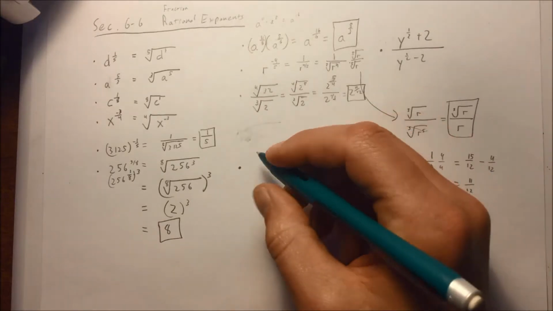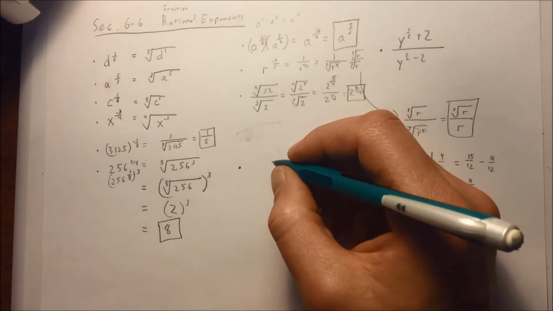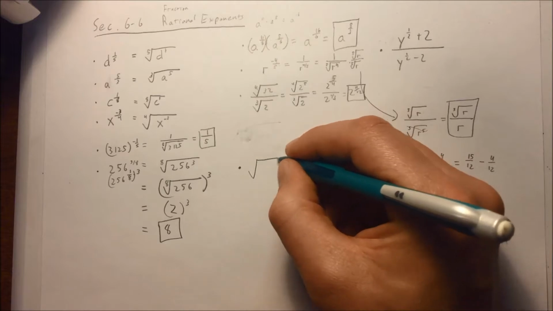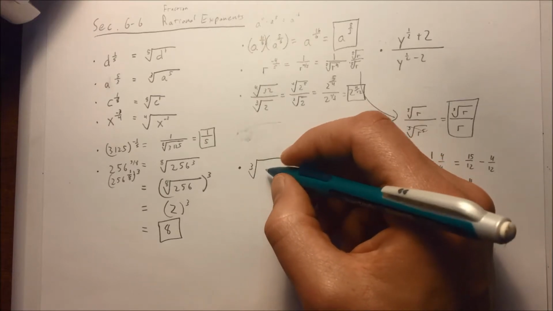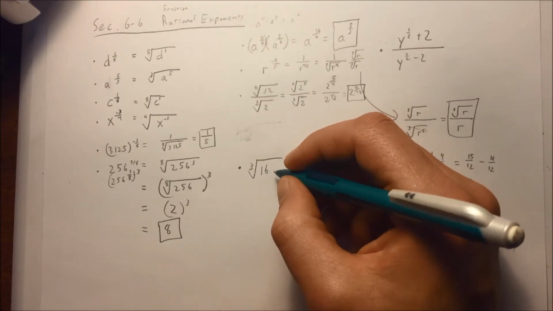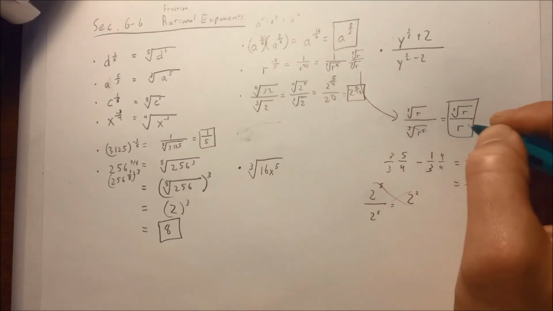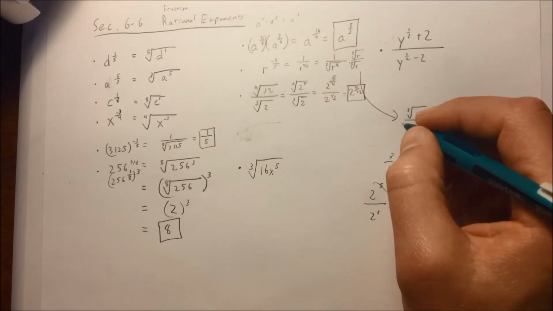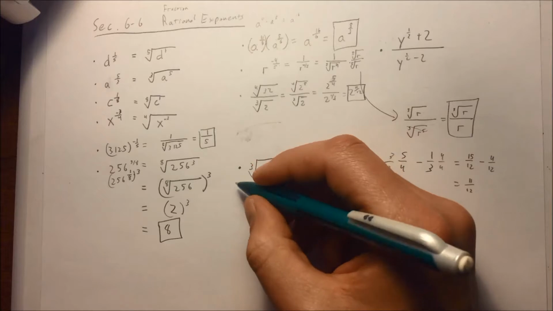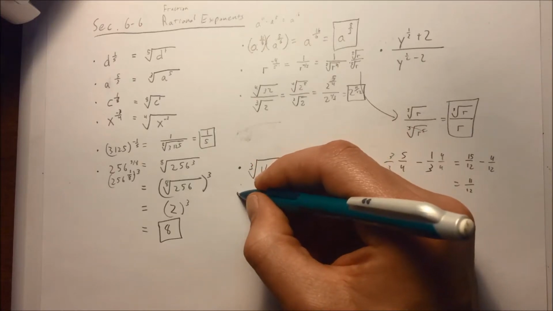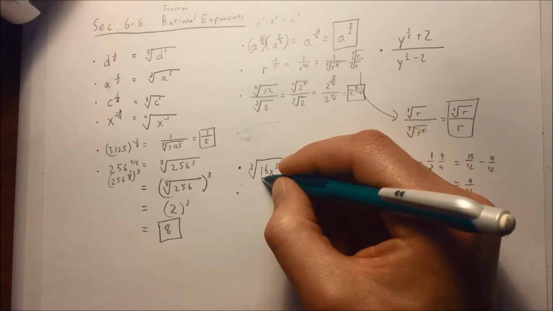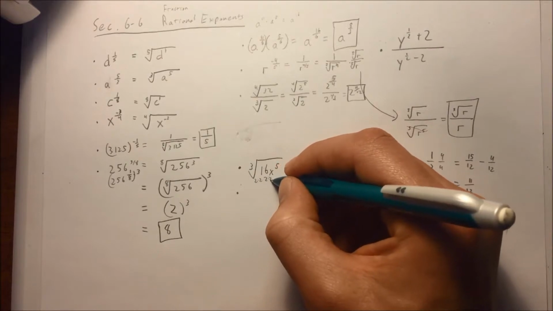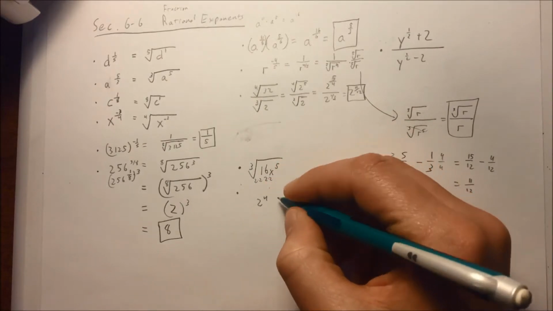Next one right here. What if we had the cubic root of 16 x to the 5th? Well, let's change this, shall we? 16 is 2 times 2 times 2 times 2, which is 2 to the 4th.